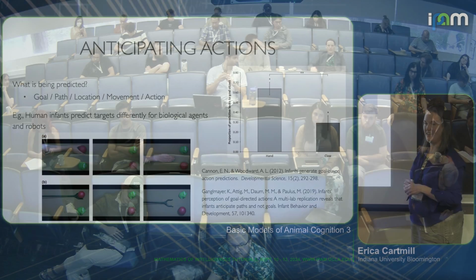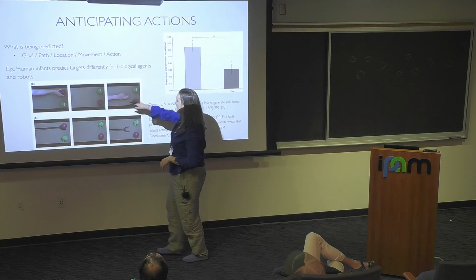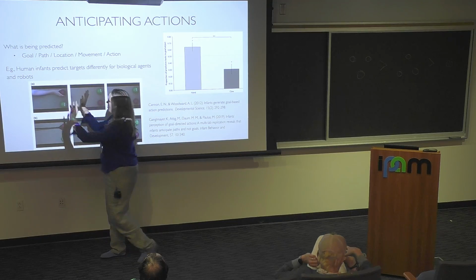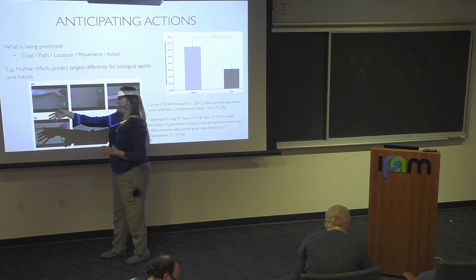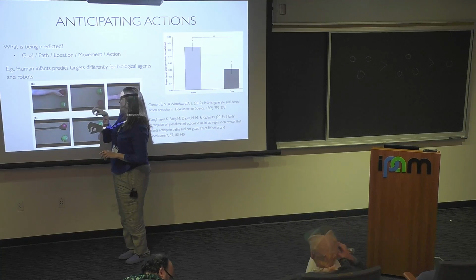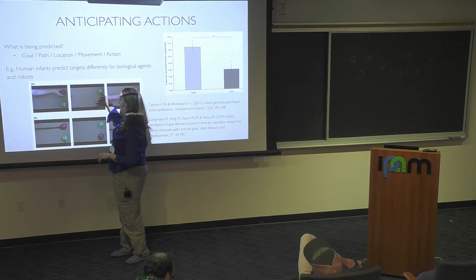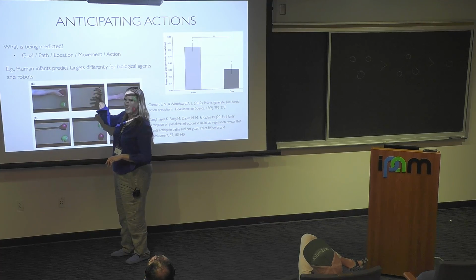Yeah. How do you infer that from them? They're very young, right? This is eye tracking, looking at predictive looking. The infant is seeing video, and the human hand reaches for the ball instead of the frog, they switch places, the human reaches for the ball, they switch places, the human reaches for the ball again.